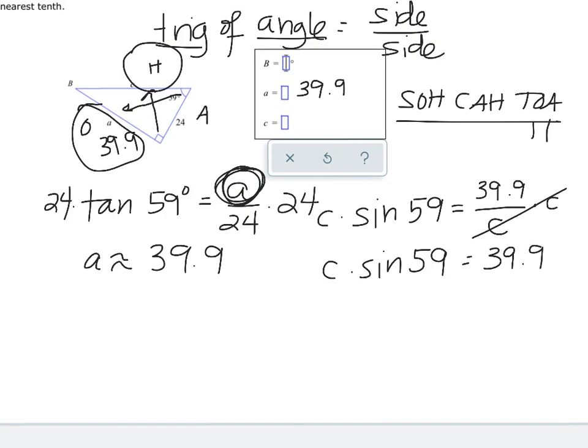And we want to get C by itself. So this is just a number. I have C times some number. So if I want to get C by itself, I have to get rid of sine 59. And the way we get rid of things is inverse operations. These two things are being multiplied. The inverse would be division.